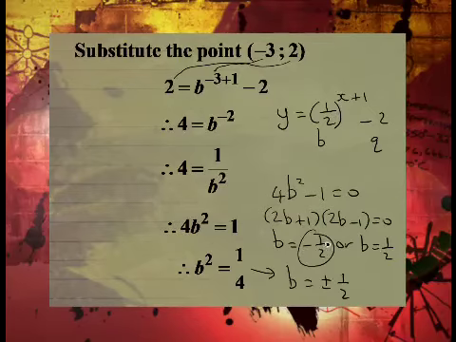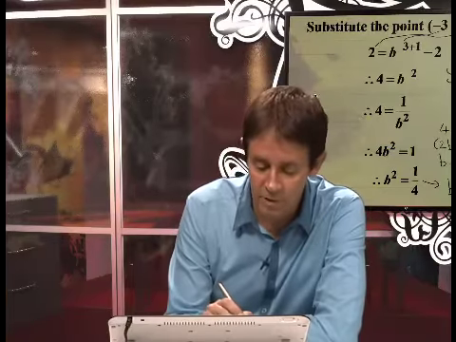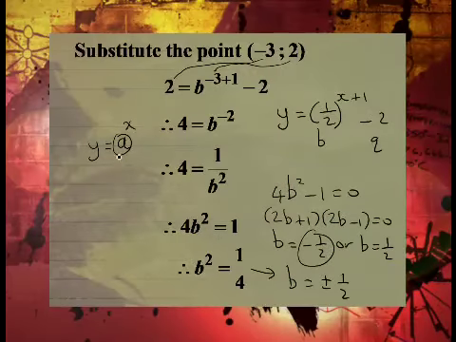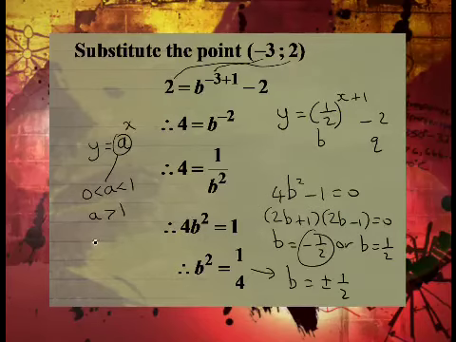Well, in the theory behind this, with an exponential graph, the base can either be a fraction between 0 and 1, or it can be bigger than 1. It cannot be negative, nor can it be 0. So be aware of this.